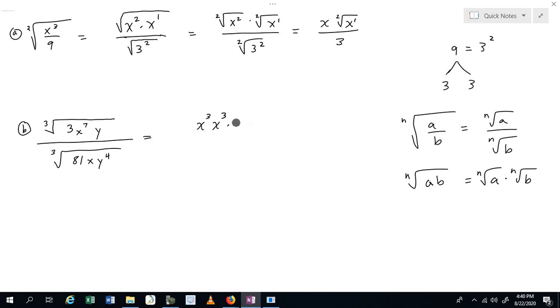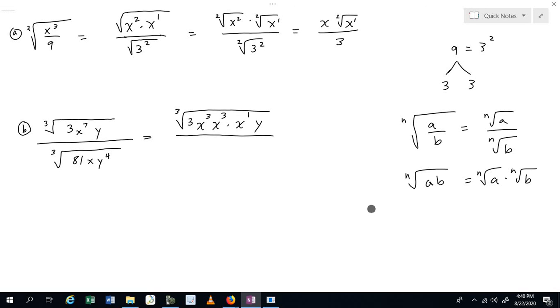And I can do it twice, and then I'm left with one more x, because this has to add up to 7. All right, 6 plus 1, so that'd be 7. The 3, you factor into its prime factorization, which you can't do anything more, it's 3. And then the y, I just write as y to the 1st.